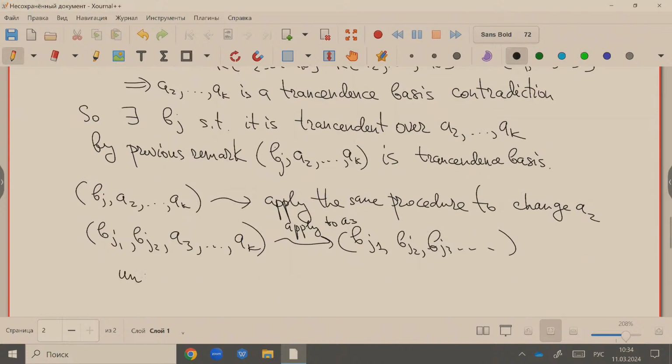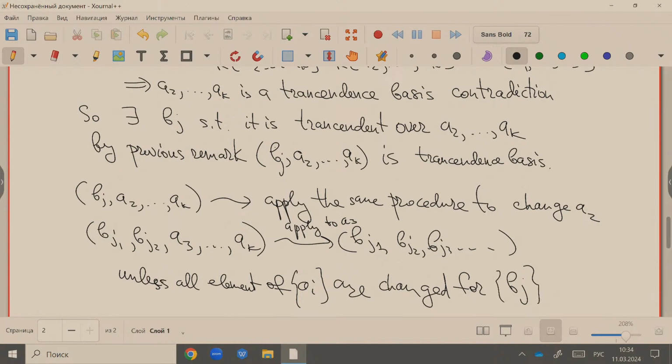Yeah, so until all elements of A are changed to Bj.